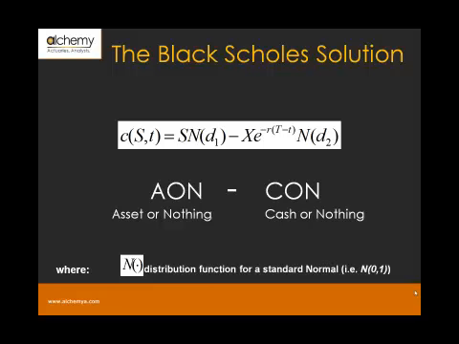So another way of looking at the Black Scholes equation is to say that a European call option is equivalent to a long position in an asset or nothing option that delivers S if ST is greater than X, and a short position in a cash or nothing option that requires you to pay X if ST is greater than X. The difference between the two will give you the value of the call premium. So that's interpretation number 2 of the Black Scholes solution.